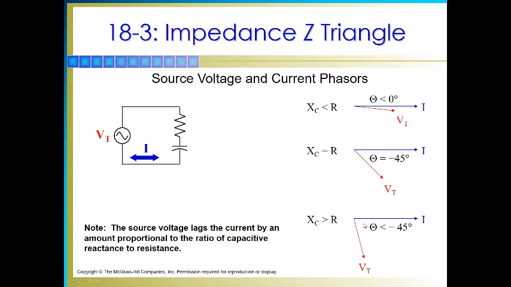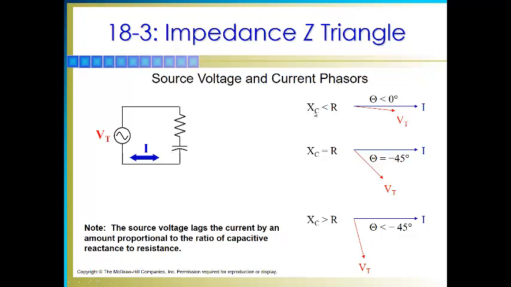However, this one will be less than negative 45. So it could be negative 53, negative 60, negative 70. Okay, it will be more negative. So this is the analysis if you want to analyze it using the resistance and the capacitive reactance.